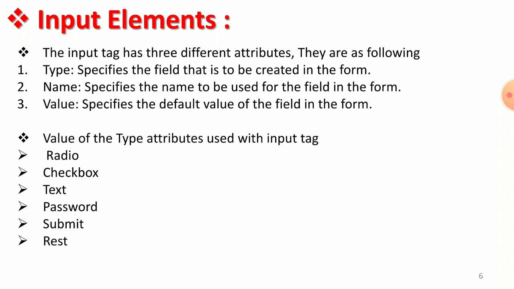That is the input element and three attributes. First is type, second is name and third is value. Values of the type attribute used with the input tag are radio button, checkbox, text box, password, submit button and then reset button.